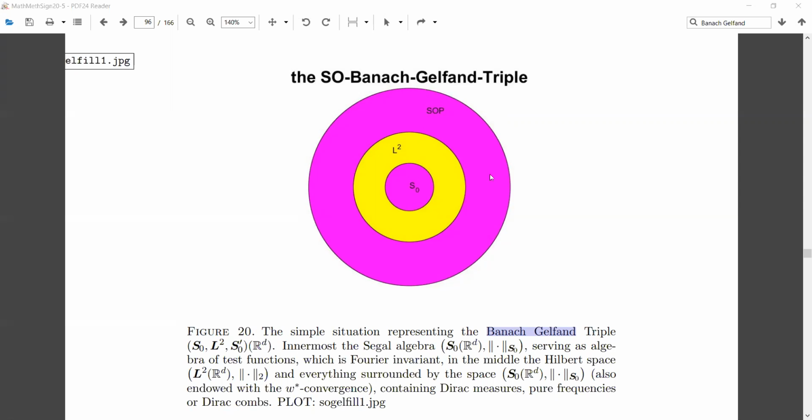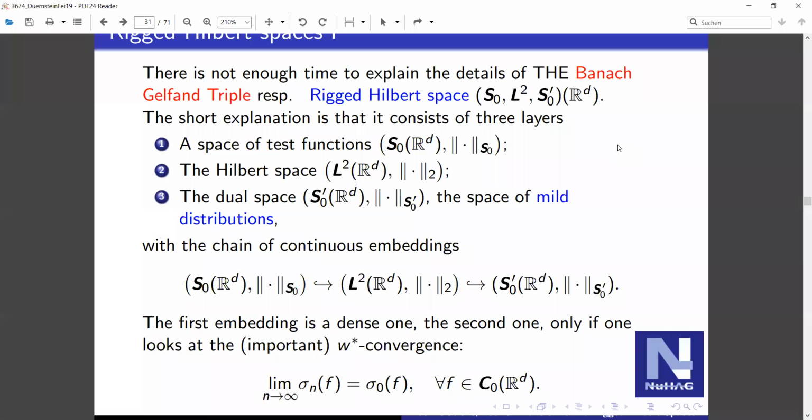From a talk which I gave recently, I am jumping into the definition of a Banach-Gelfand triple, or a rigged Hilbert space. So it is a Hilbert space with decoration. The abstract situation is that you have a Banach space sitting inside a Hilbert space, here L2, and that is embedded into S0 prime, the dual of the small space.